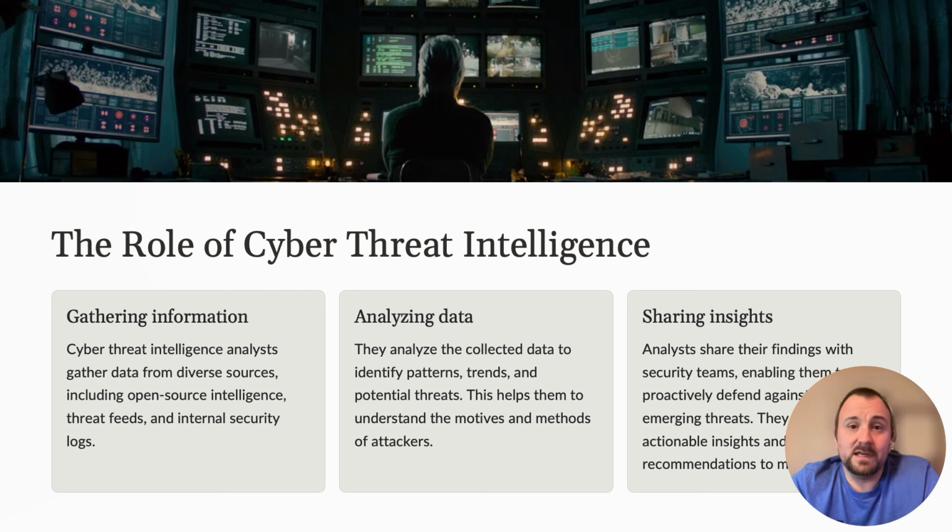So let's discuss three key aspects of CTI: gathering information, analyzing data, and sharing insights. In the first one, you're collecting data from various sources, such as open source intel, OSINT, closed source intel, CSINT, and human intelligence, HUMINT, to identify potential threats while monitoring their activities, which leads you into analyzing data.